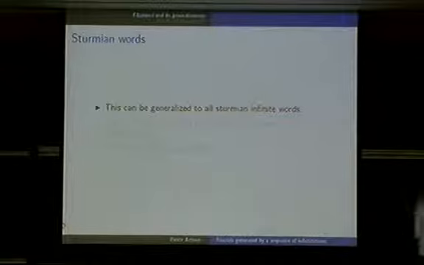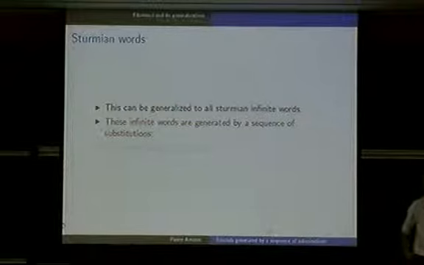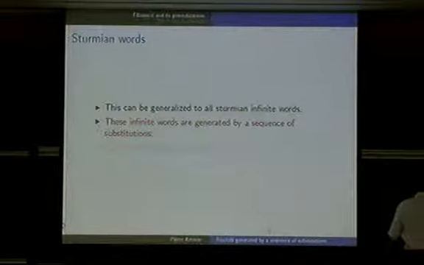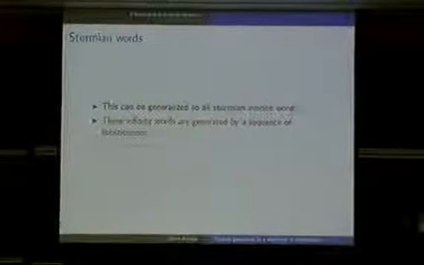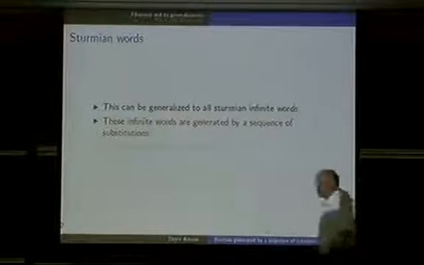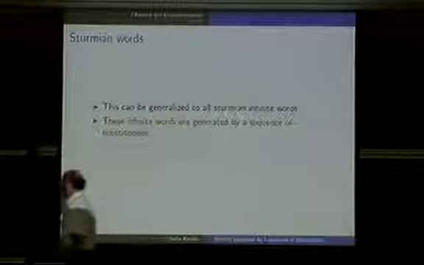In fact, this can be very much generalized, and the first easy generalization is Sturmian infinite words. These Sturmian infinite words can be generated by a sequence of substitutions, which is related to the continued fraction expansion. Maybe it's better to do this with chalk.